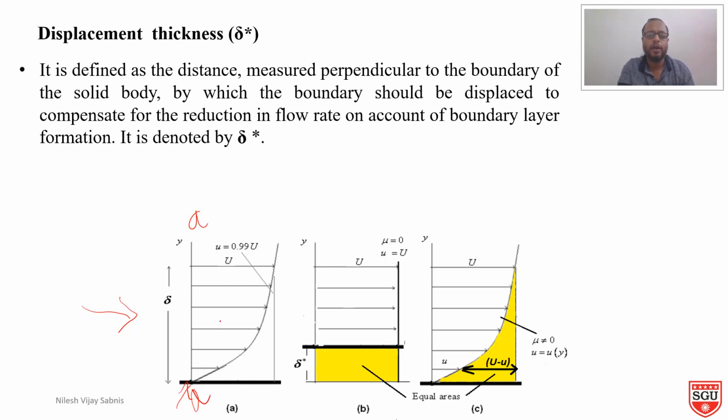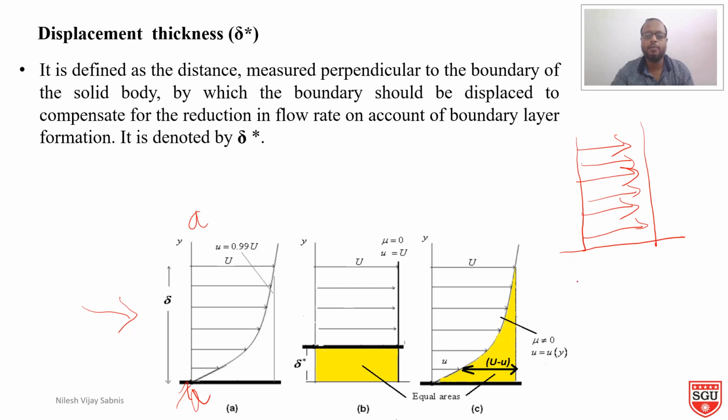Suppose we are using an ideal fluid. Ideal fluid means what? Fluid which has no viscosity. If viscosity is not there, then there is no formation of boundary layer because the fluid will not stick to the boundary of a solid body. In that case, what will happen? For the same plate, the velocity profile will be like this. That means everywhere there will be the same velocity.